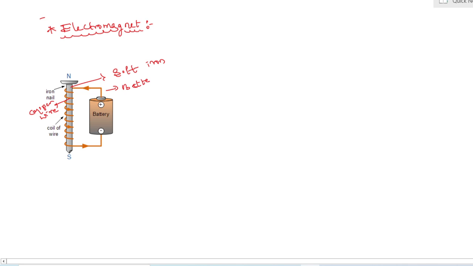Yes, my dear students, observe here. The magnet so formed is called an electromagnet. Yes, what is an electromagnet?